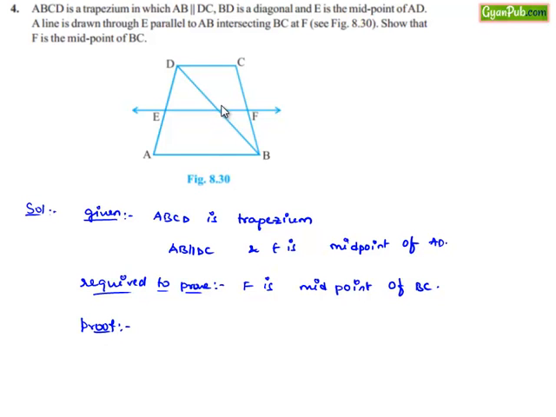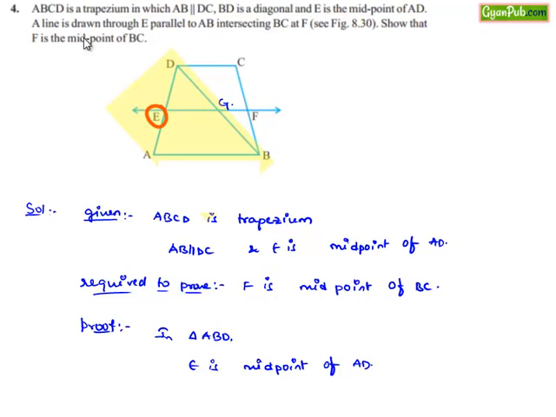Let us assume that EF intersects BD in G. Then let us consider the triangle ABD. In this triangle, E is the midpoint of AD.